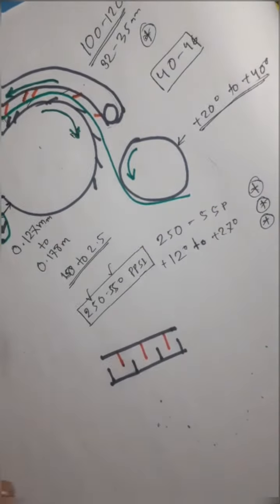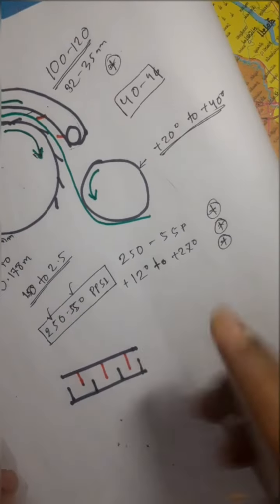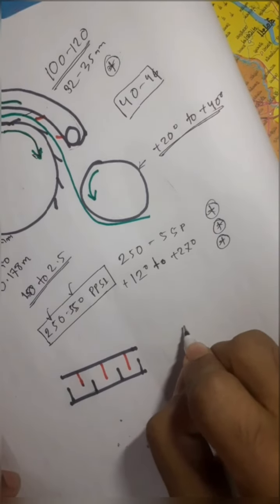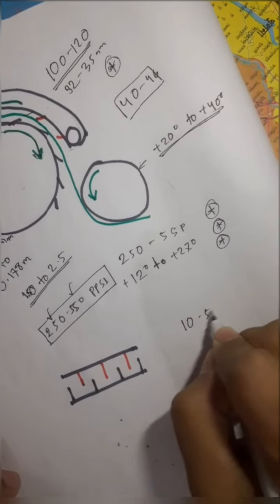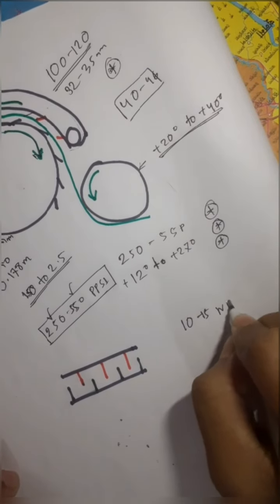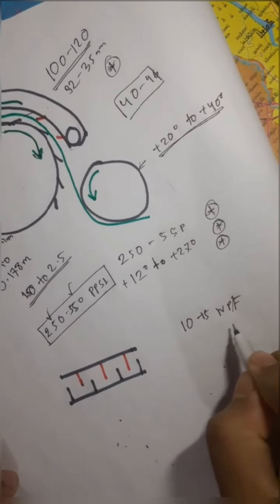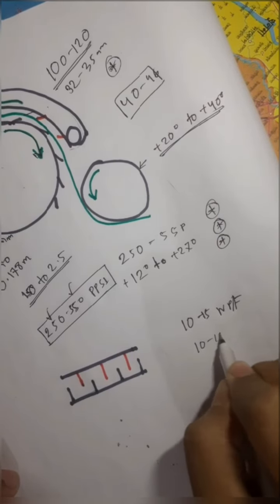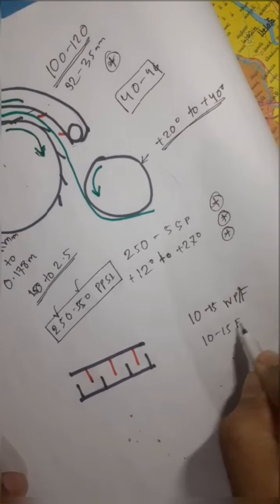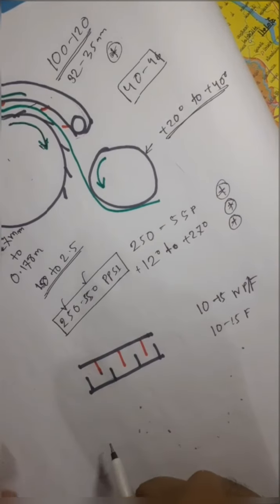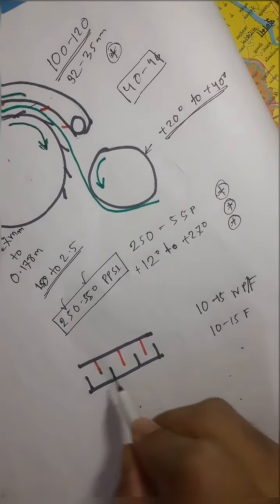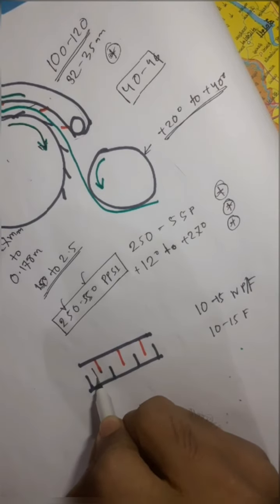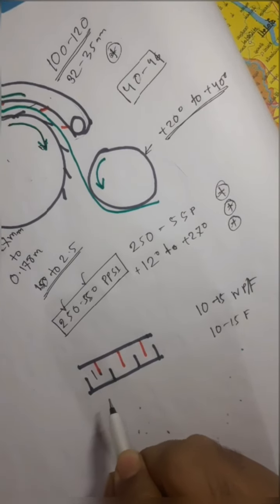The points per fiber is 10 to 15 wire points per fiber. That means each fiber is beaten by 10 to 15 points of cylinder. So this is how fibers become individualized and parallelized.